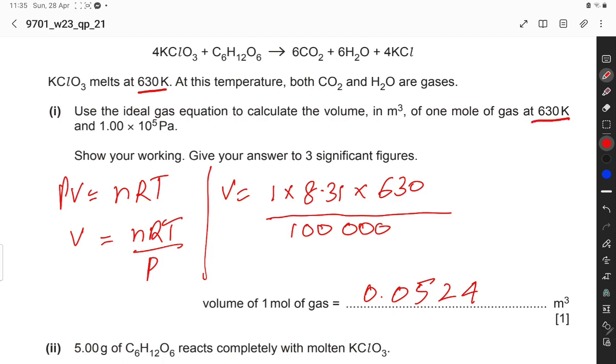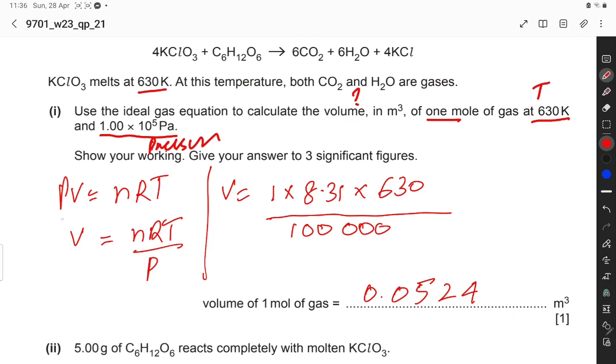This is temperature. This is 1 mole of gas. Volume, we have to find out volume, and this is pressure. We have the equation PV is equal to nRT.